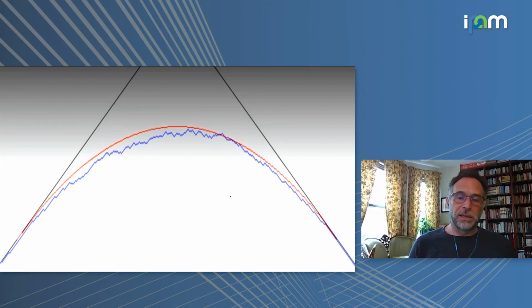The red line is a parabola just for your eye. You can see that the blue line is close to the parabola, and you should think of that as the analog of the fluctuations of the original Eden model away from the ball. So we're interested in this universal process, basically, of the blue minus the red.